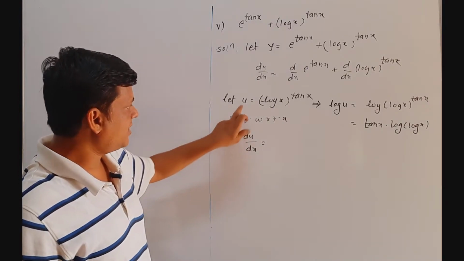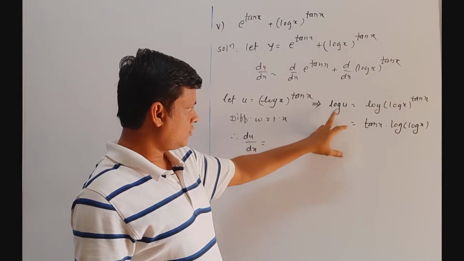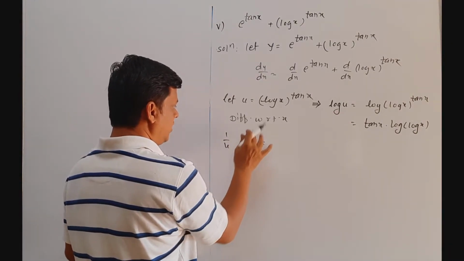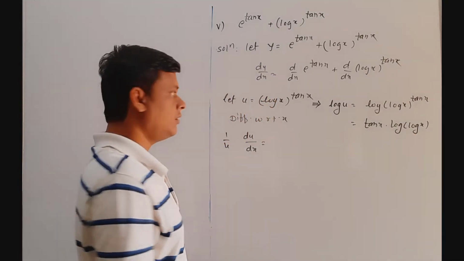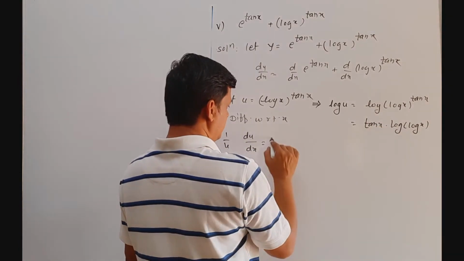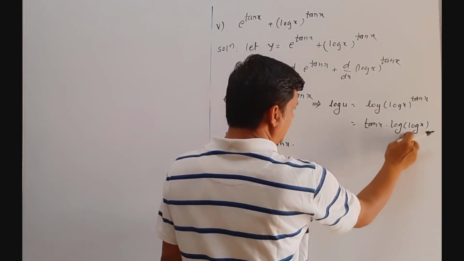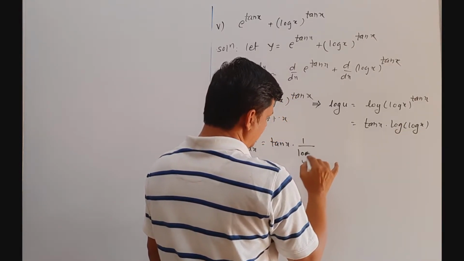We cannot differentiate this function directly, so we take log first. So the derivative of log u, we write, is 1 by u into du by dx is equal to, here we have to apply the product rule. First function is 10x. So write 10x, first function, into the derivative of this second function. The derivative of this outer log is 1 upon log x.